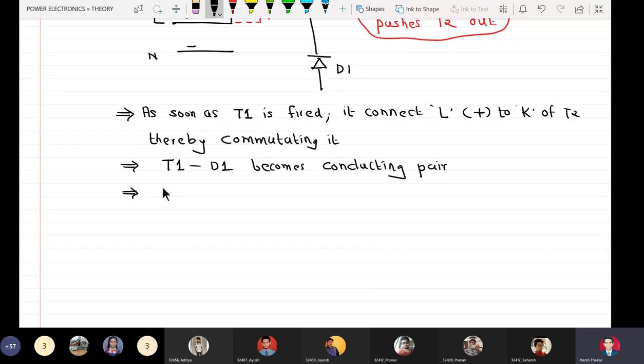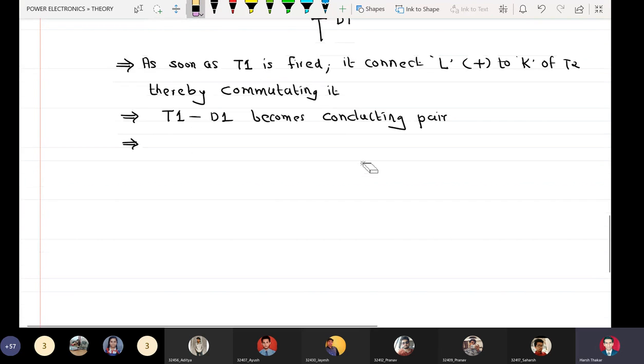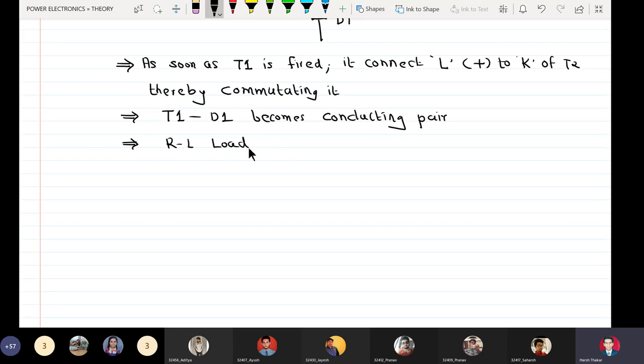And this interval, okay, forgot something to write, because of the conducting pair the RL load gets connected to the positive half cycle, and now VL is equal to Vm sin omega t.